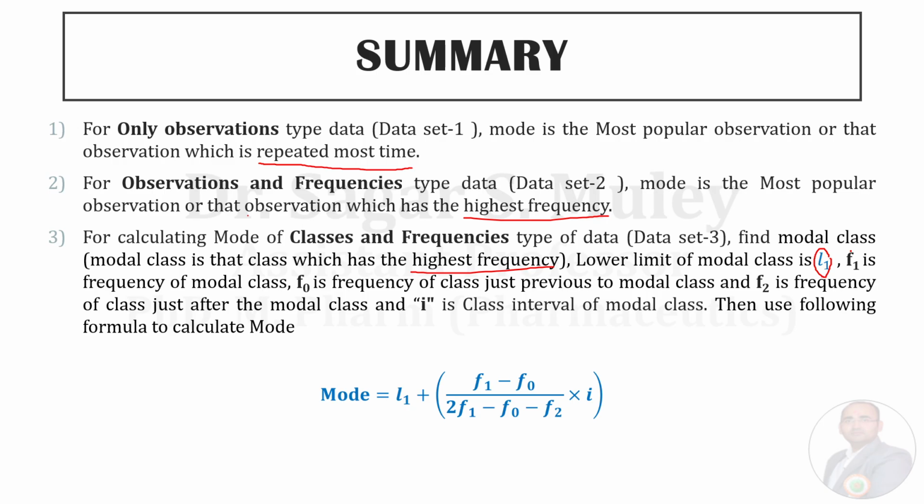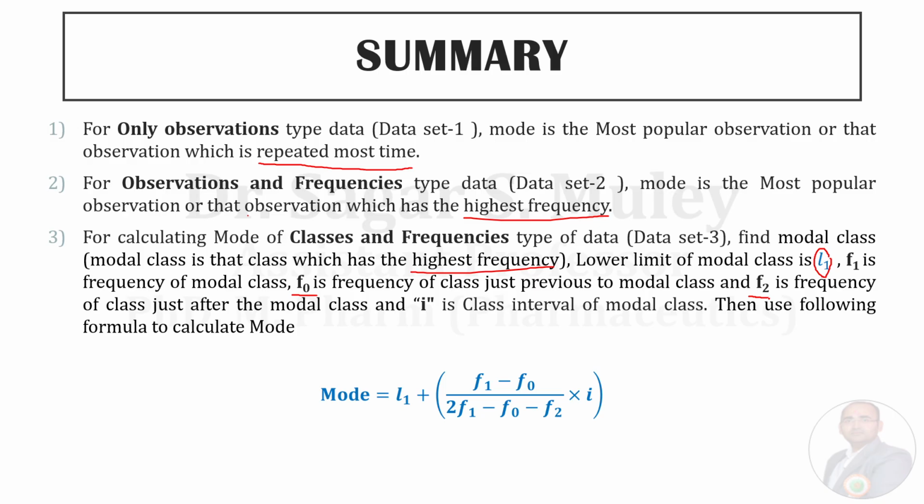F1 is the frequency of our model class. F0 is the frequency of that class which is just previous to model class. The frequency of the class before the model class, that is F0. F2 is the frequency of class which is just after the model class.